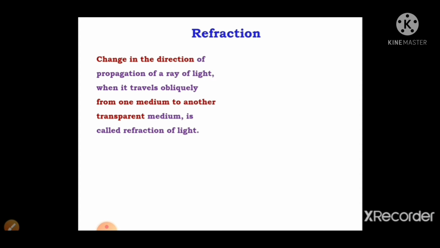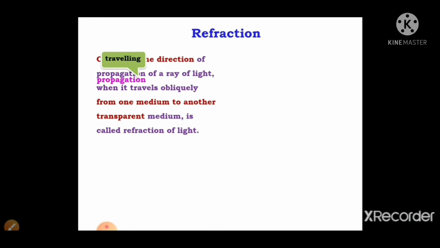So let us see the definition first. Change in the direction of propagation of a ray of light when it travels obliquely, not in a straight line, from one transparent medium to another, is called refraction of light. What is propagation?